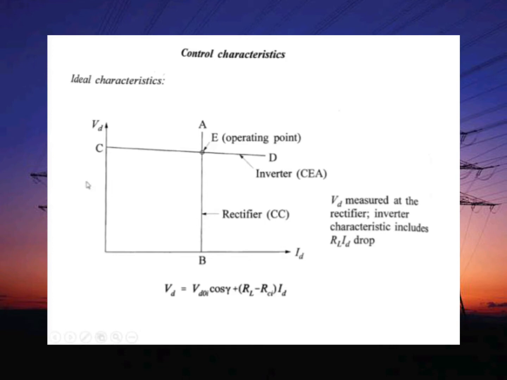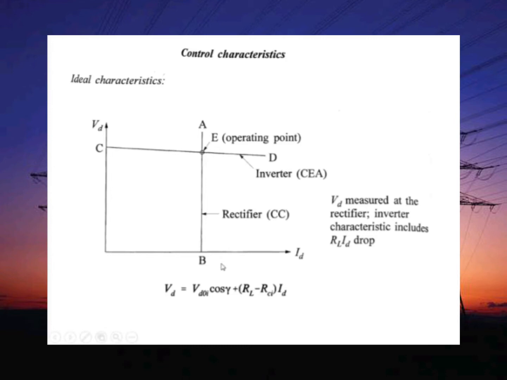The voltage VD and the current ID are measured at some common point on the DC line, and we have chosen this to be at the rectifier terminal. So the rectifier and inverter characteristics are both measured at the rectifier, and the inverter characteristic thus includes the voltage drop across the line.